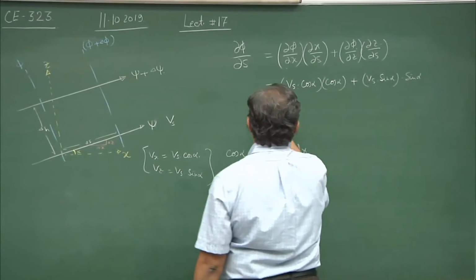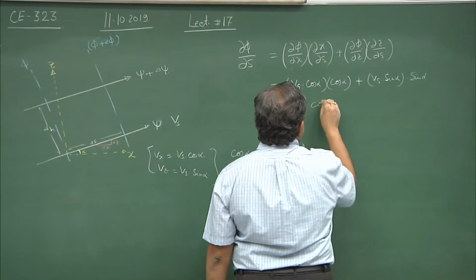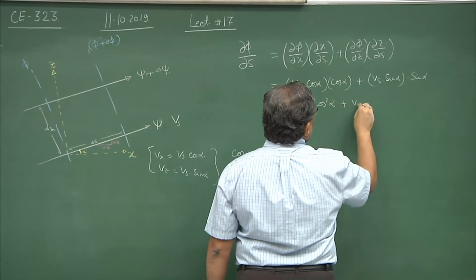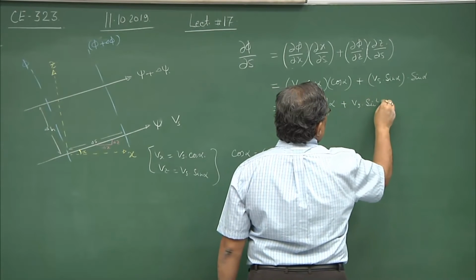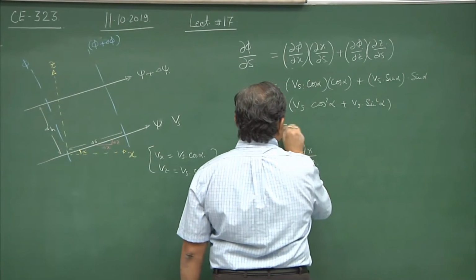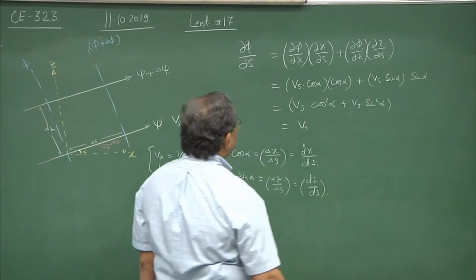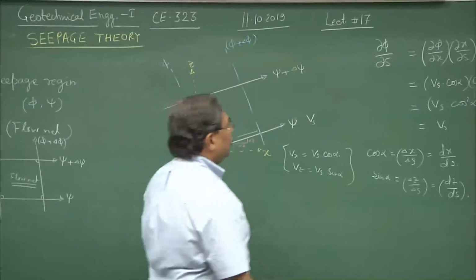So, this is equal to V s cos square alpha plus V s sin square alpha. This will be equal to V s, all right.